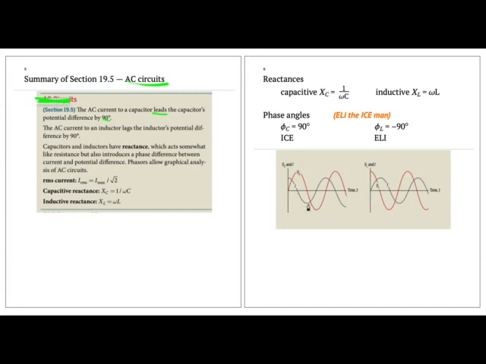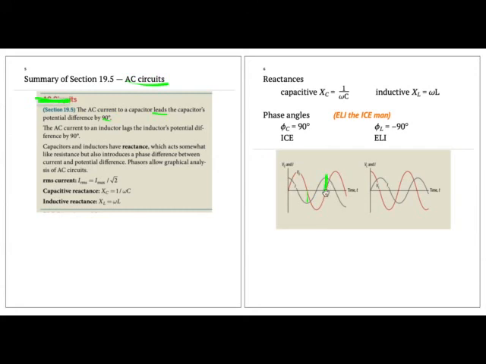Or if I look over here, the maximum negative value of the current coincides with the 0 of the voltage. So you see, there's a 90-degree phase difference. I guess we could say the current is leading the voltage by 90 degrees.